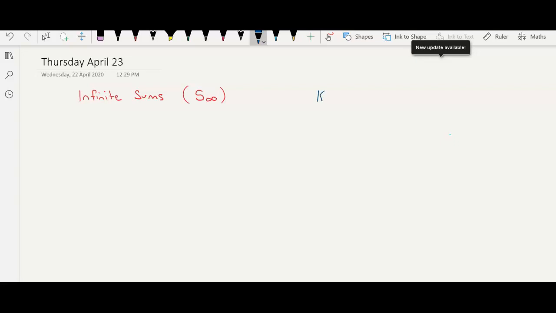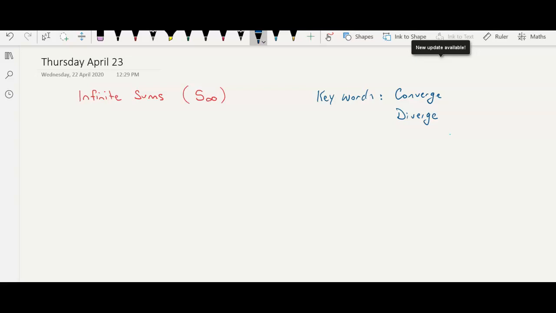I'll write down those keywords: converge and diverge. Hopefully there's some understanding of these words, but no worries. Diverge means getting bigger or larger without control.